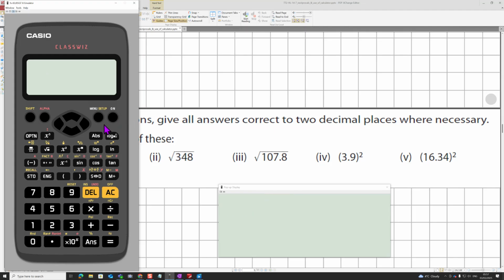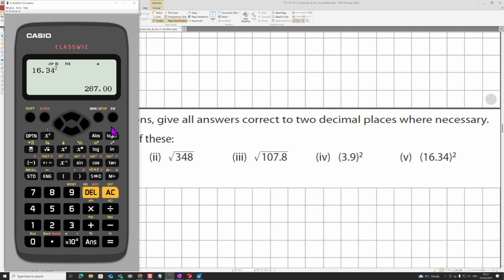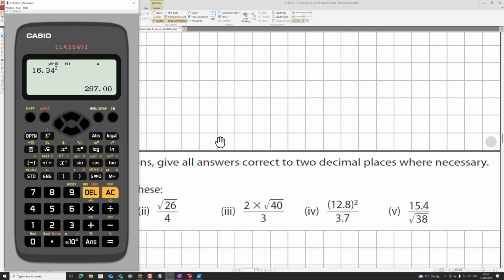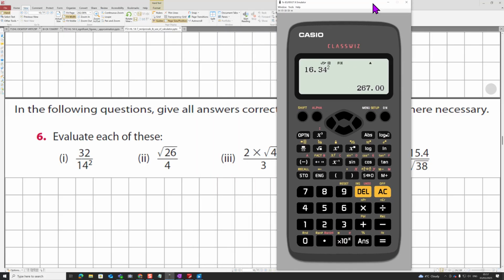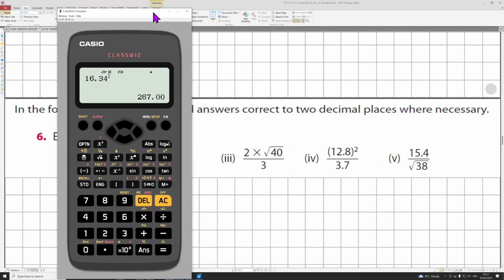Okay, next one. 16.34 squared, shift equals, straight to decimal. Okay, 267. Now that isn't exact, but it is 267 to 2 decimal places. Nothing difficult there.